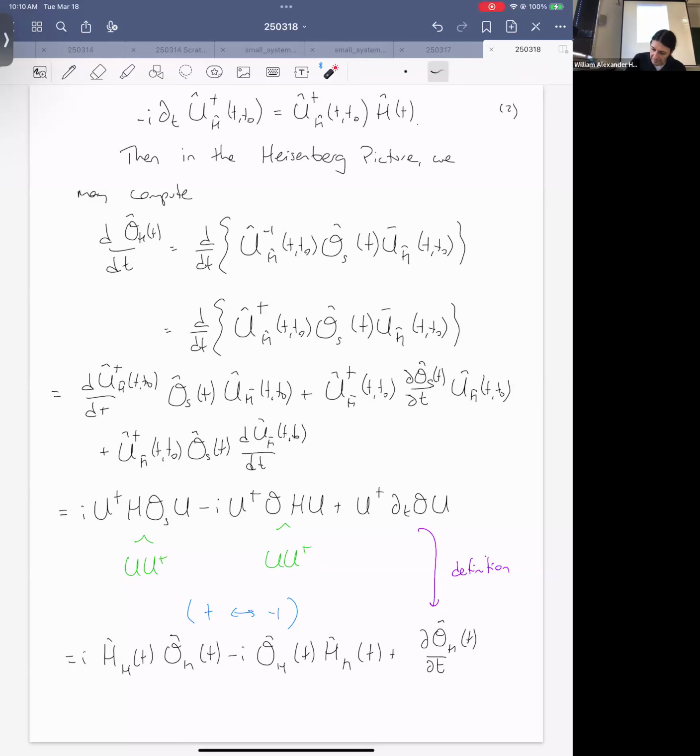Which makes sense in the sense that I have a U dagger and a U, so again, a similarity transform.